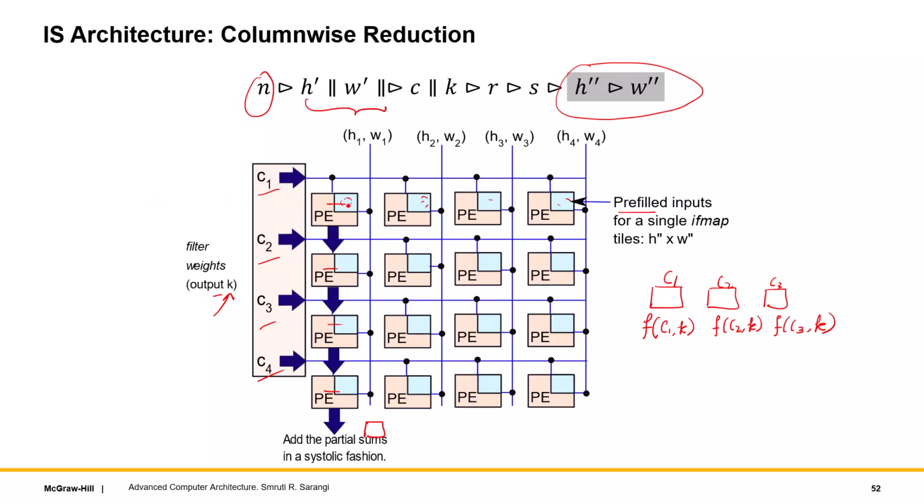We keep the respective inputs stationary here in the local buffers, and we send these filters down here. So for a given input region, the different partial sums are computed, which is like this convolved with this convolved with this. And the final output is nothing but the sum of these, right?